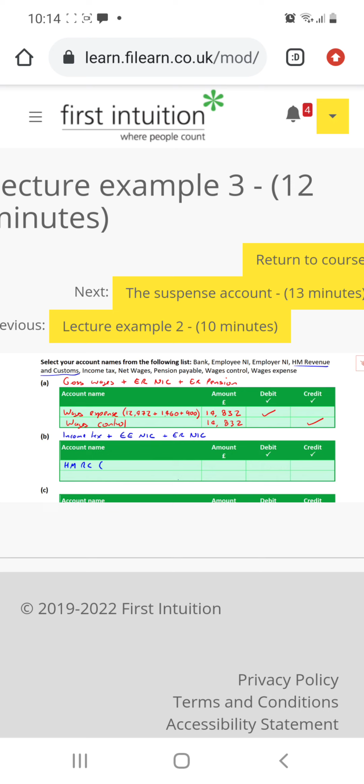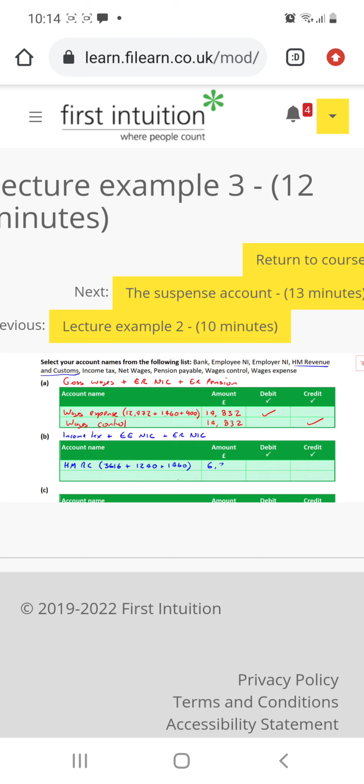Now, looking at the amounts involved, we've got the tax of 3,616. We've got the employee national insurance contributions of 1,240. And we've got the employer national insurance of 1,460.